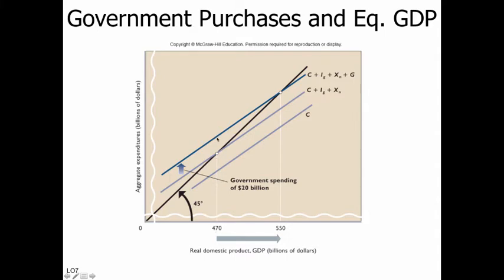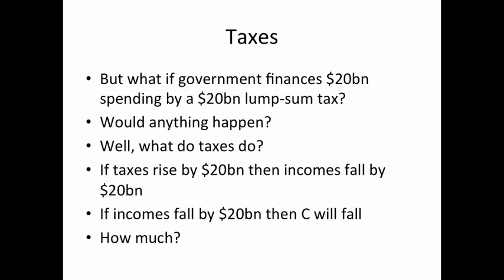So again, this upward shift in the spending line is from the addition of government spending, causing the increase in real GDP. And to quantify that effect, you have to know the multiplier. It's the multiplier that's telling us, due to this increase in government spending, how much more real GDP will be created in the economy.